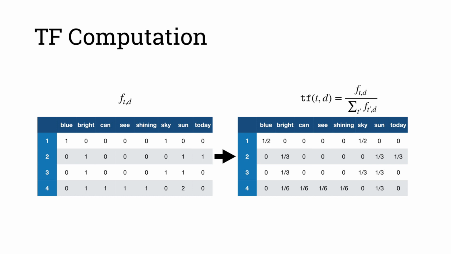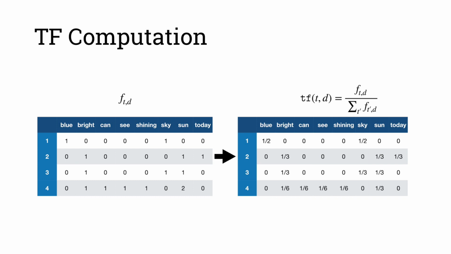So the first document is sky blue. So blue occurs one time. There's no bright. All these words are marked as 0 because they do not occur in the first document. Whereas sky is marked as 1 because it occurs. In a similar manner, we go through each and every document, and whichever terms are present, we count them as 1.